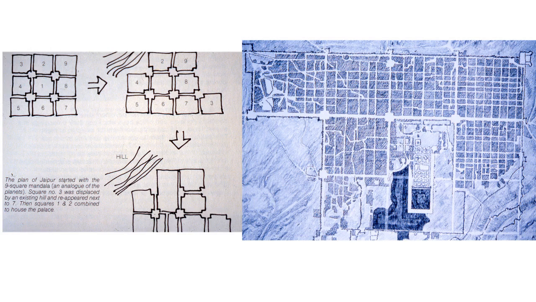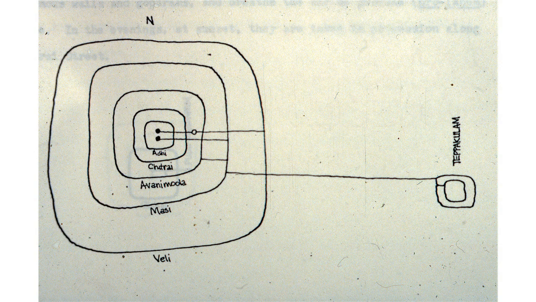Jaipur next. And Madurai. The rituals performed regularly throughout the year, conforming to the town's structure. So that when you are performing a ritual, it is territorial, you're passing through territory.